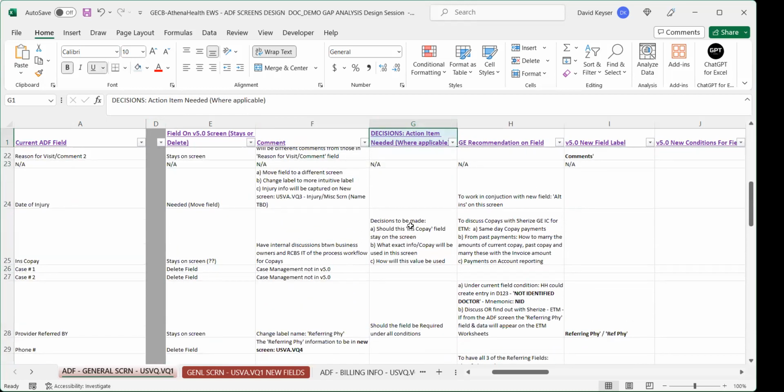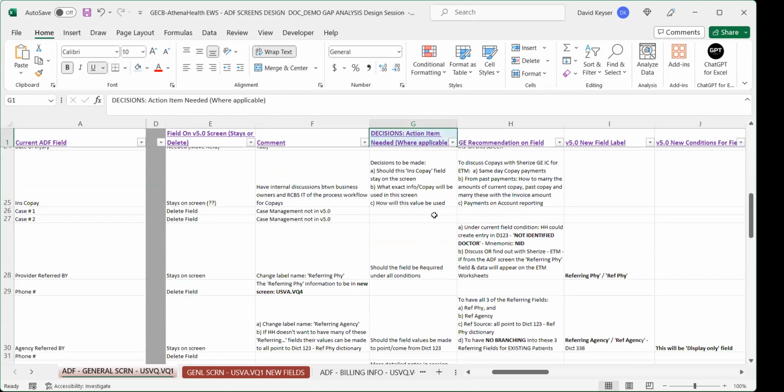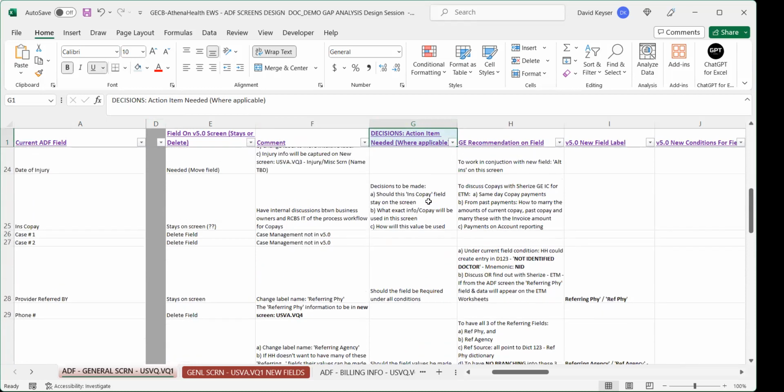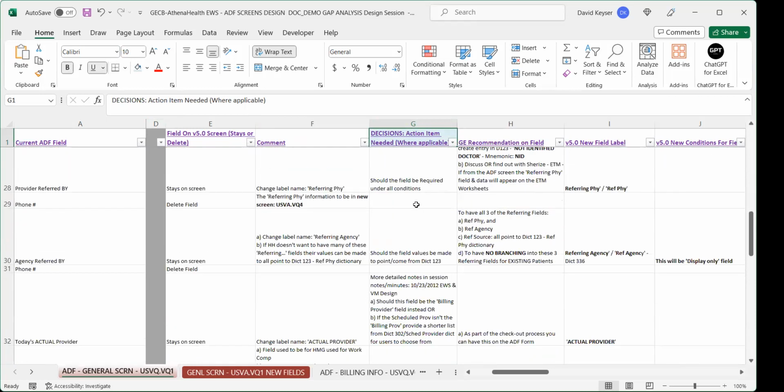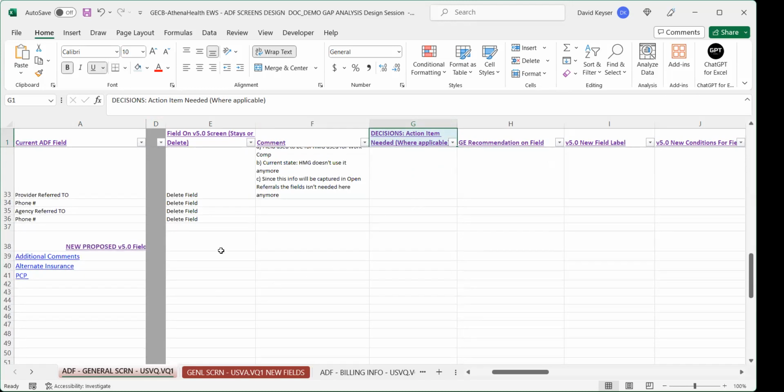Okay, so these are the examples. You go through each section, and then you determine what needs to be changed and what does not need to be changed. So anyway, that's what a gap analysis entails, and I hope this was helpful.